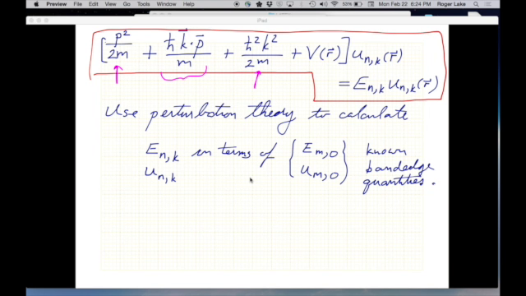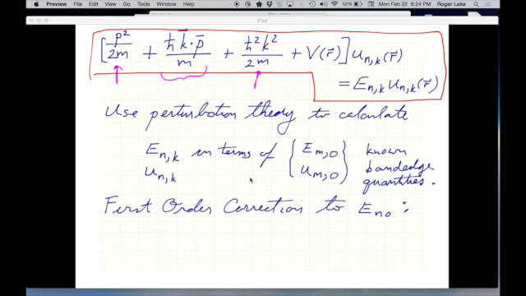Okay, so let's look at the first order correction to the energy. We start with this equation at k equals 0. At k equals 0, these two terms are not there, because they have a k in them.